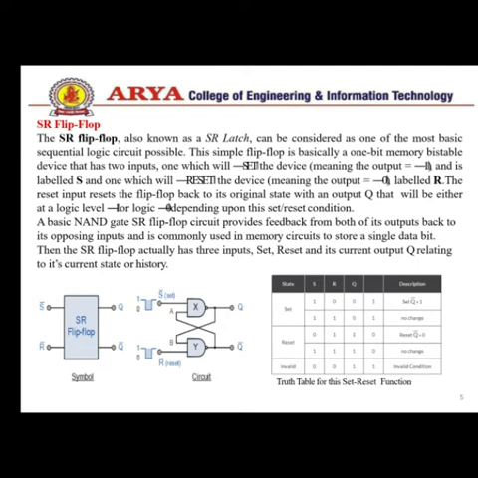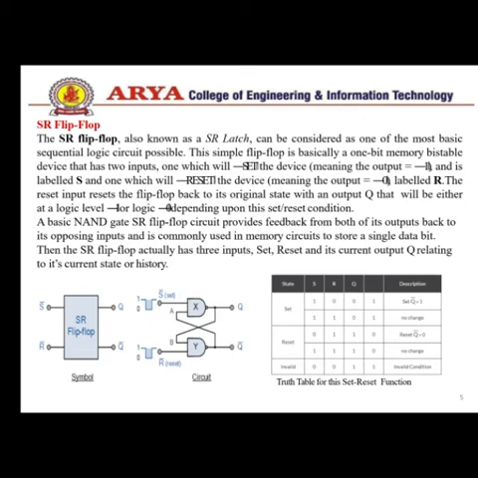So this is a clocked circuit, but first we understand the unclocked circuit, which gives only the basic idea of the SR flip flop. So in this, the basic NAND gate SR flip flop circuits are there. This circuit provides feedback from both of its outputs back to its opposing input.